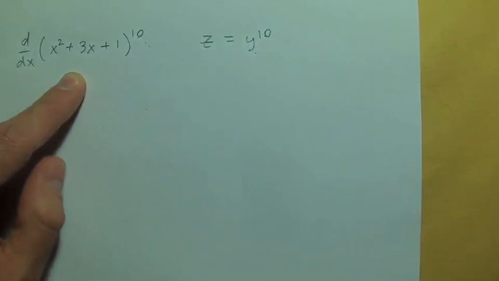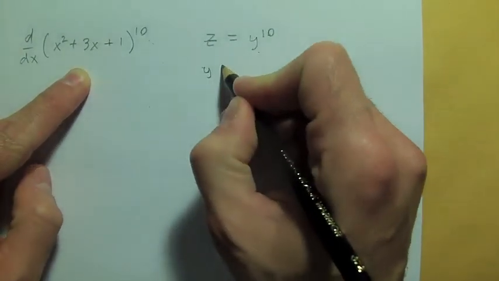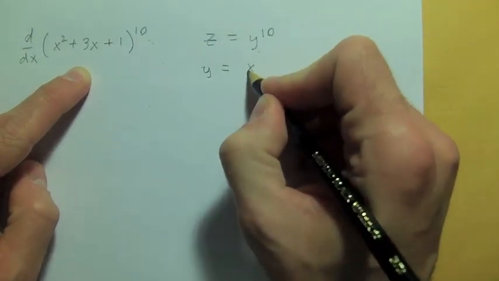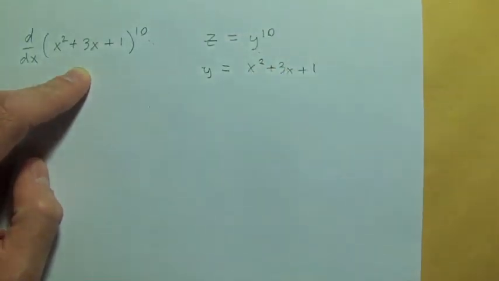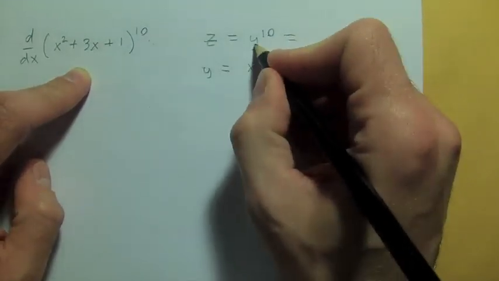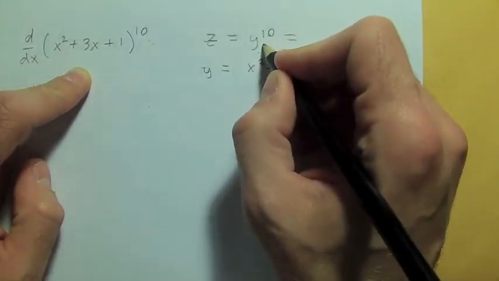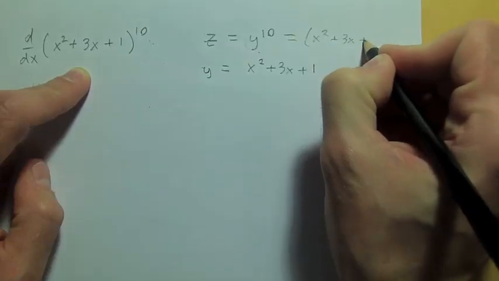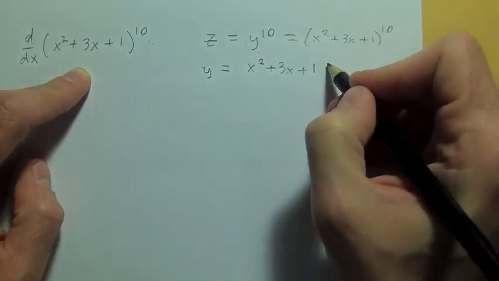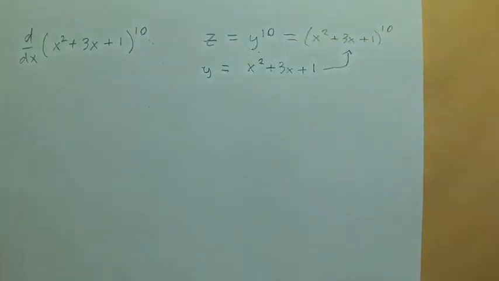And what is that on the inside? Well, I'm going to call y x squared plus 3x plus 1. Right? And so that means that z, which is y to the 10th, is actually going to be x squared plus 3x plus 1 to the 10th, because I take that y and raise it to the 10th.